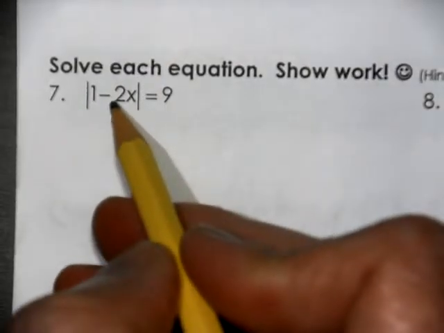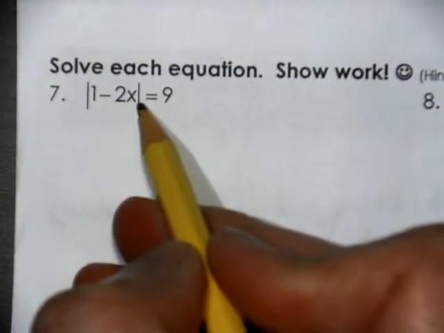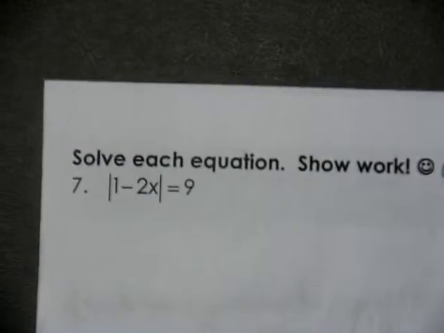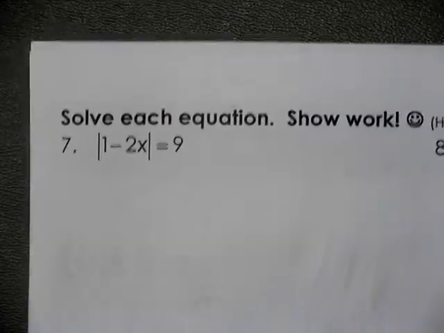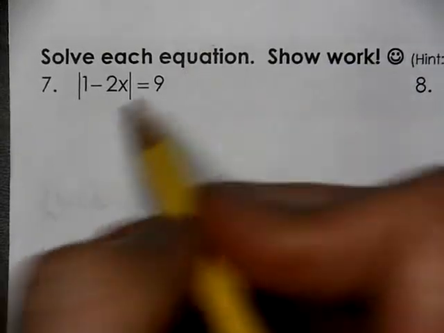On the flip side, we're going to be solving our absolute value functions. You want to first be sure that your absolute value function is isolated and all by itself.